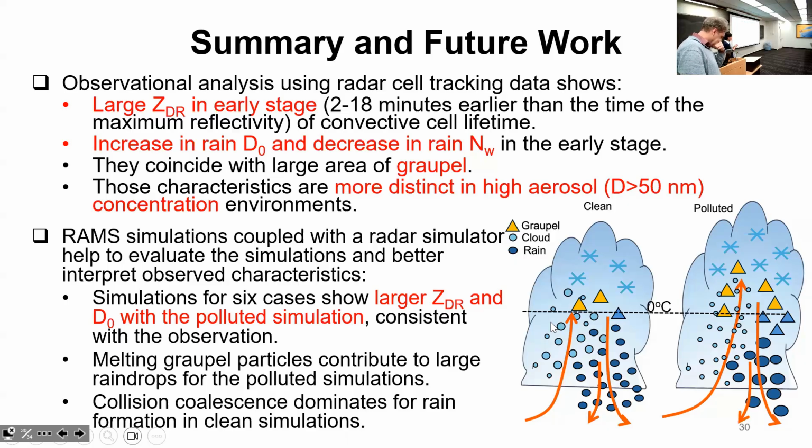Negative polarimetric variables mean the particle shape is prolate. It could be associated with conical graupel shape. In some cases, we have a positive or very small value of the polarimetric variables, which could suggest a little bit more spherical shape of graupel particles. But this is what we can do so far. But it's my interest.